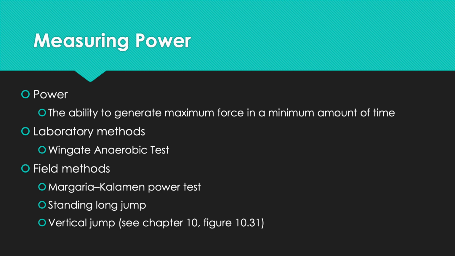We have various field methods in order to measure power, along with laboratory methods. One of the most common laboratory methods is the Wingate anaerobic test, and some common field methods include the Margaria-Kalamen power test, the standing long jump, and the vertical jump. See chapter 10 for that vertical jump test that we went over previously.